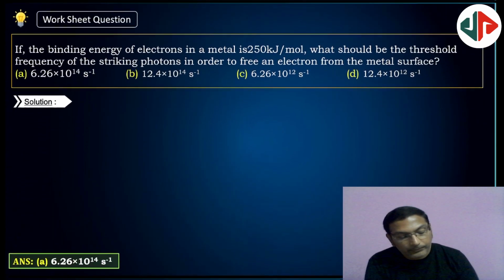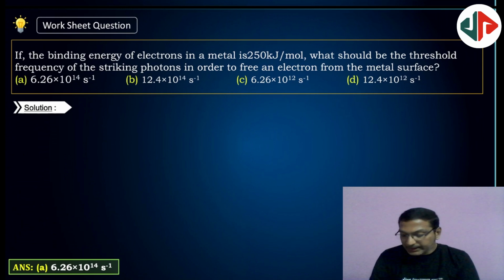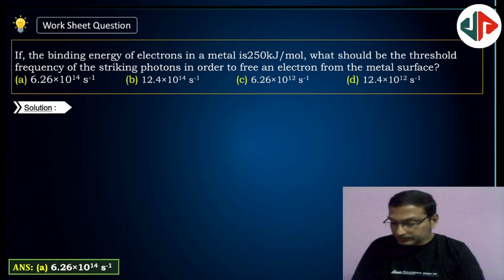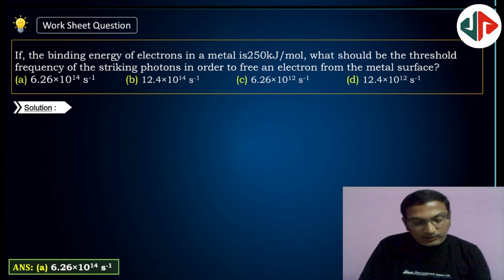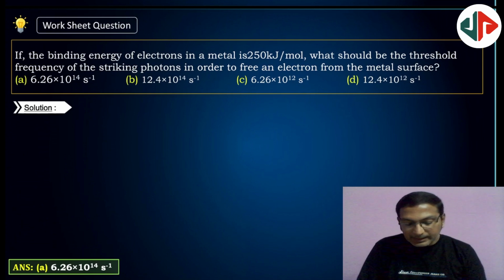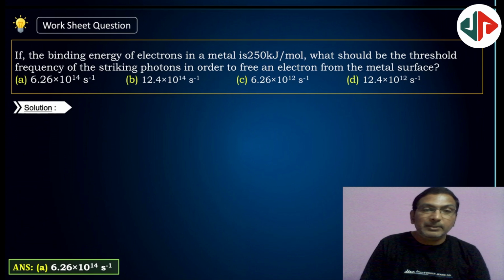Next, if the binding energy of electrons in a metal is 250 kilojoules per mole, what should be the threshold frequency of striking photons in order to free an electron from the metal surface? Very, very important model.